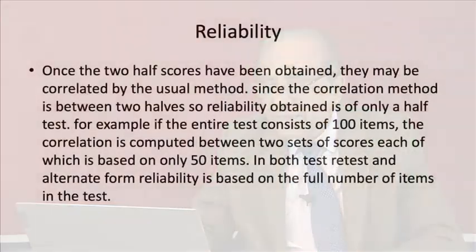So the best method to divide the test is not first half and second half. The best method is the odd-even method. After administration, divide the test by odd-even, 2, 4, 6, 8, 10, 12 and 1, 3, 5, 7, and so on. We will divide the test in this way.